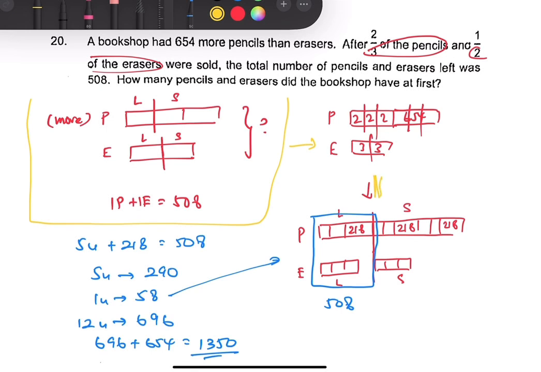Then you can see what I have done, because this unit, why I can make it into 6 units is because this is the same unit as this unit. I make them the same, and 654 is the extra, so I split them up and reshuffle them in this model at the bottom. Then you will be able to understand what is the question that is left over.